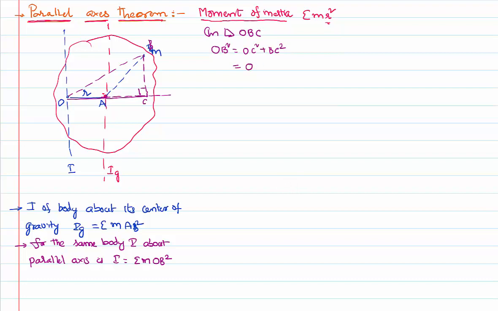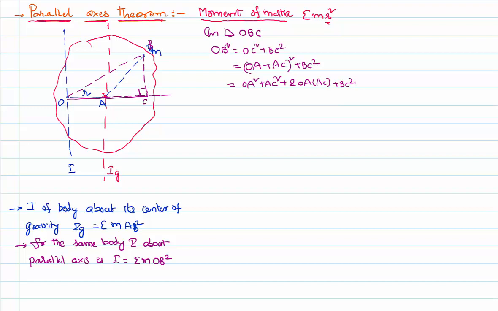OC is OA plus AC whole square plus BC square. Expanding (a plus b) whole square: OA square, AC square, 2 OA AC, plus BC square.